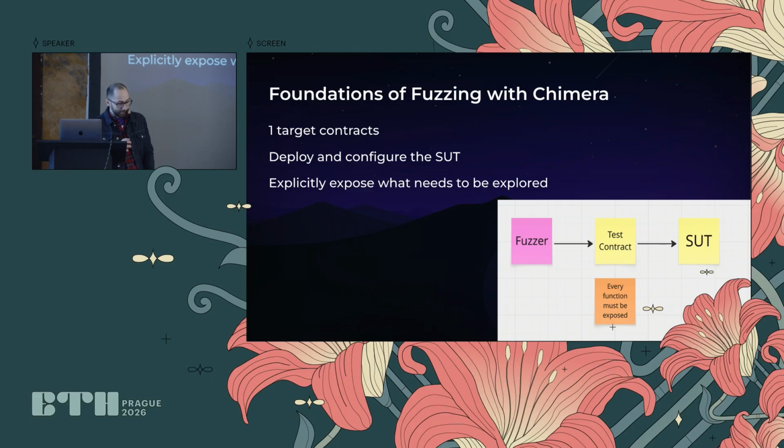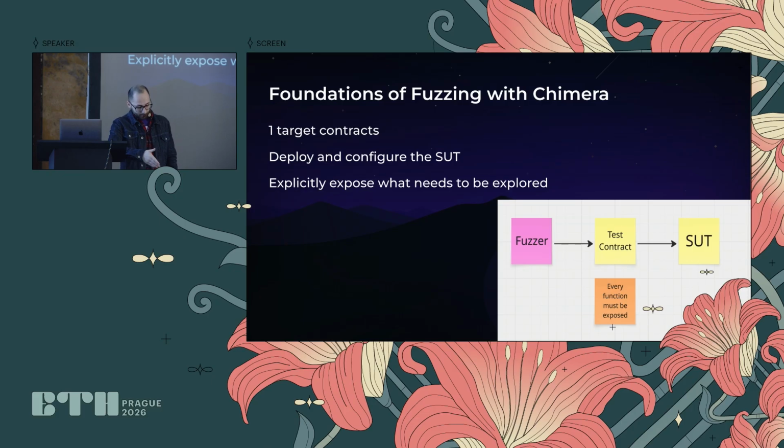So the foundational insight that builds on top of all fuzzers is this key idea that I say we pioneered, but it's not correct. Fundamentally, if you use a fuzzer like Echidna or Foundry, you can set up your test in 2 ways. One, in which you take the contract that you want to test, and then you just release the fuzzer against it, which we will call the direct approach.